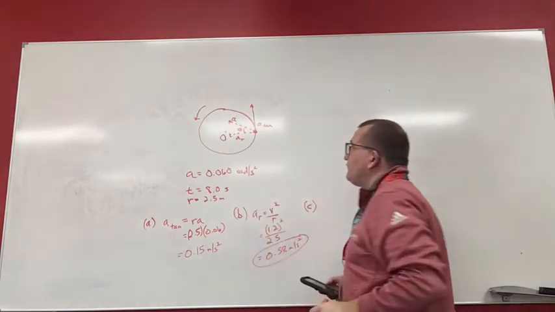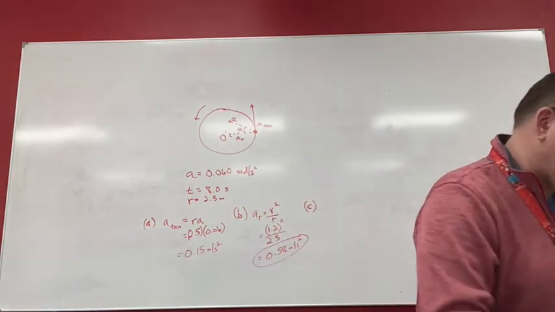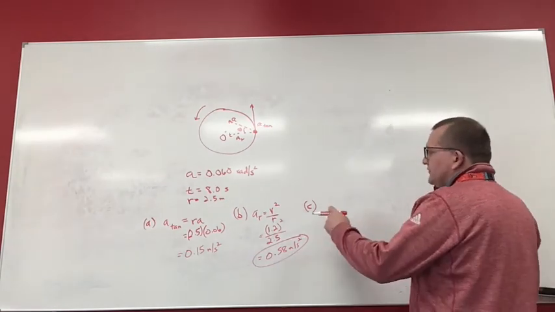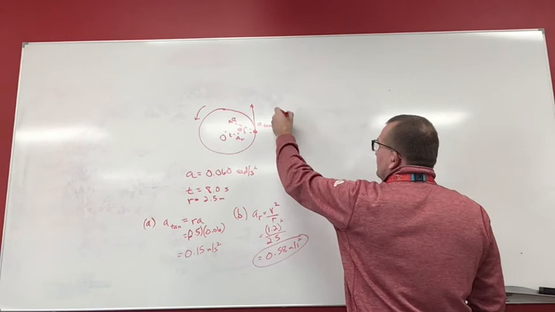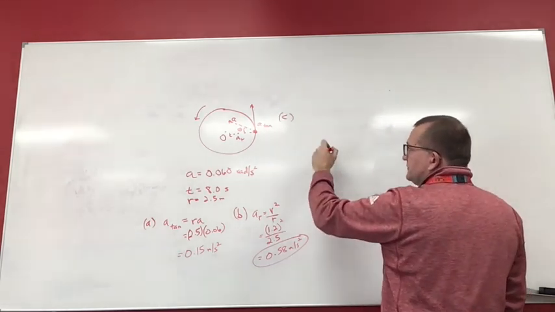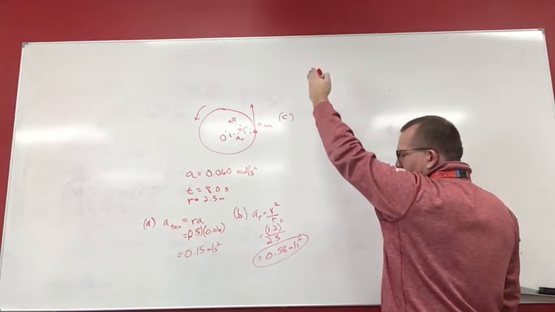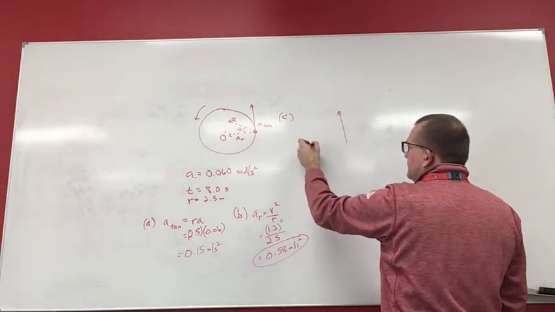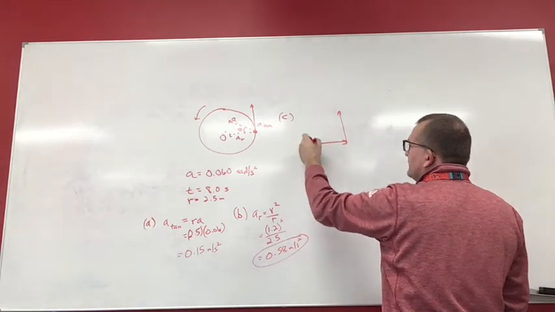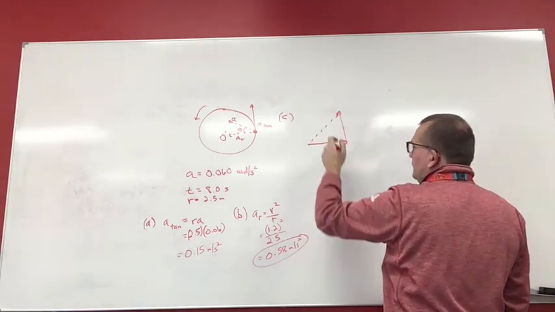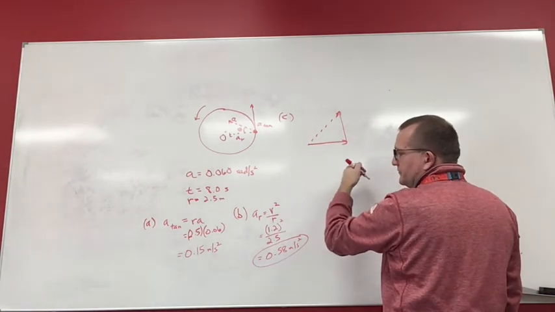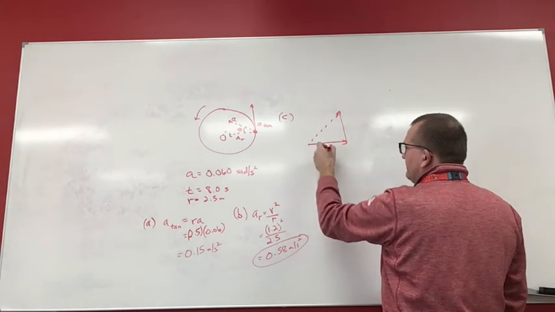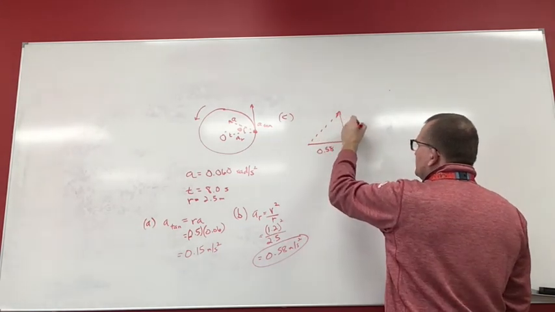So now we want to solve for the total acceleration, which is just vector addition. I'll do part C up here so I can have a little more room. We have tangential going in the vertical, and then my centripetal going this way, and then this would be my total. Centripetal is going towards the center of the circle at 0.58. My tangential is 0.15.